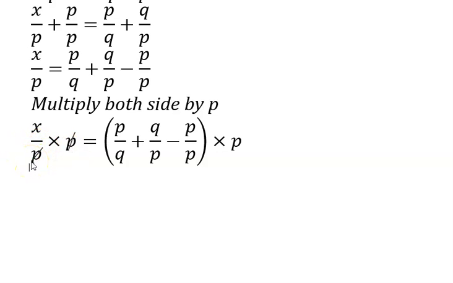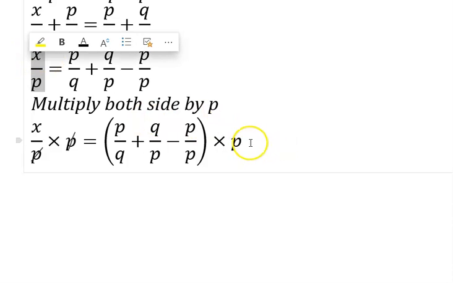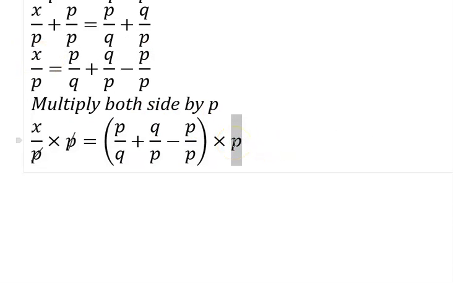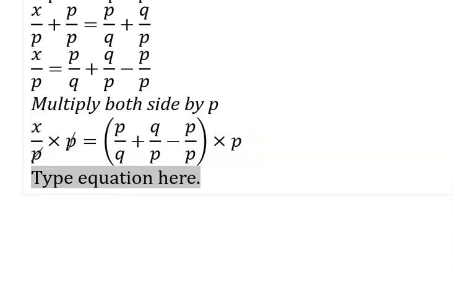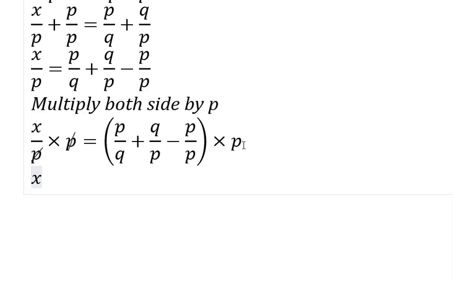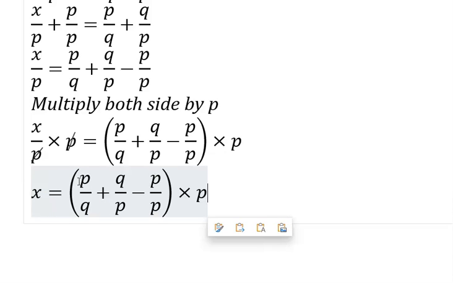Our aim is for our x to stand alone. Now that our x is standing alone, we can now say our x equals all what we have here. Awesome.